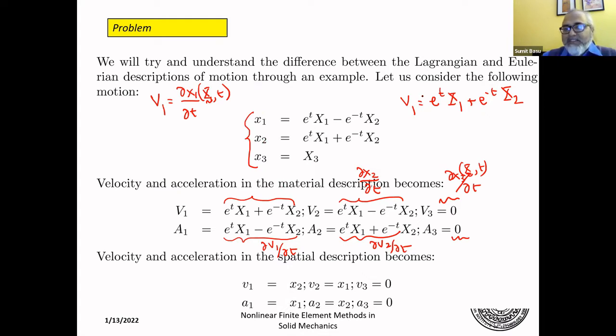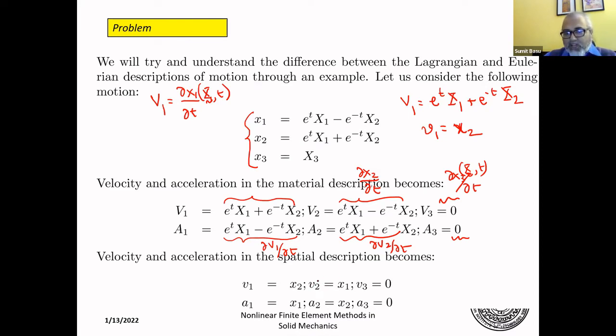So what I see, because I have chosen this deliberately to make my life simpler, is that this is exactly equal to small x2. So I don't have to do the elimination of capital X1, capital X2 from here. I know it directly that small v1 can be written as just small x2, because this function is exactly this.